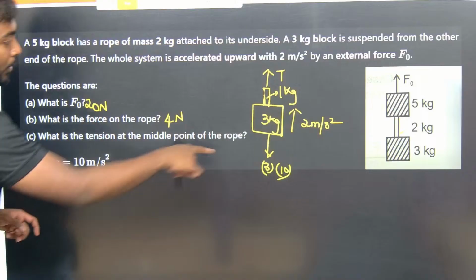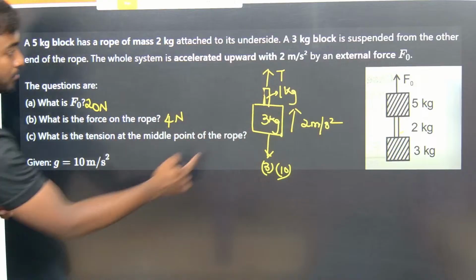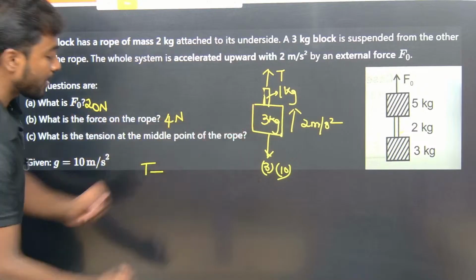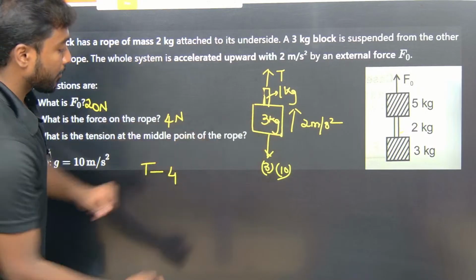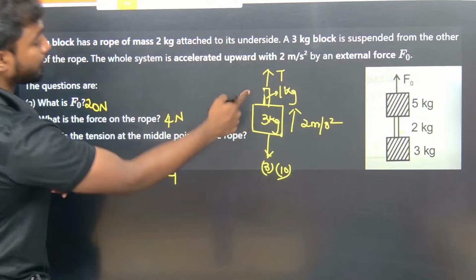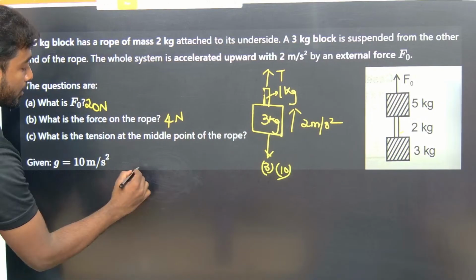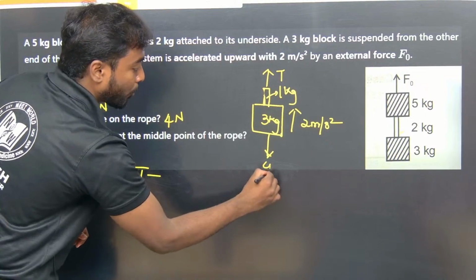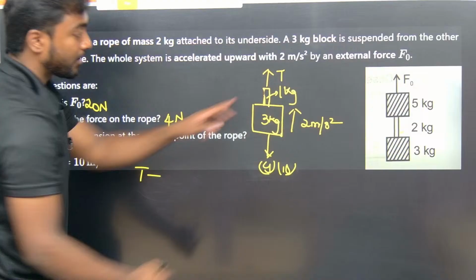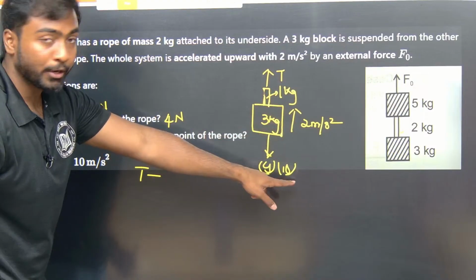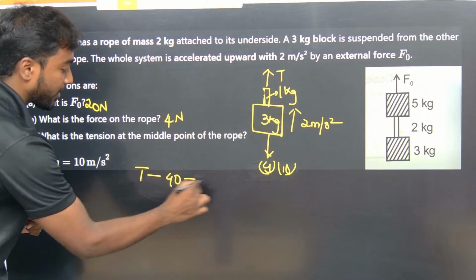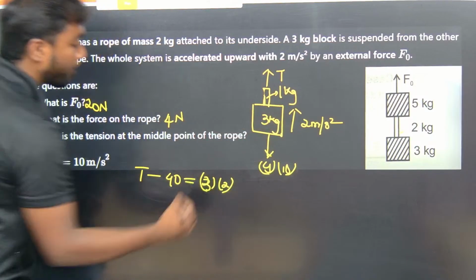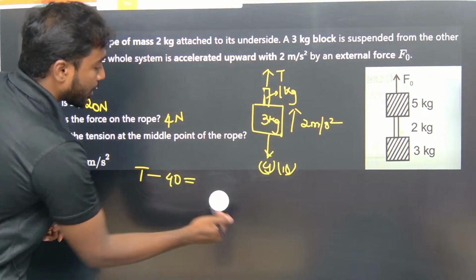Okay. Now you can write it. So, T minus 4 into 10, because 1 kg plus 3 kg is 4 kg, so 40, is equal to 4 into 2.